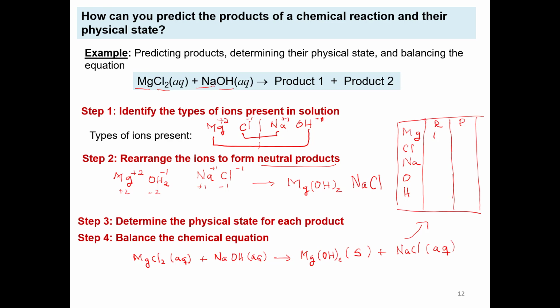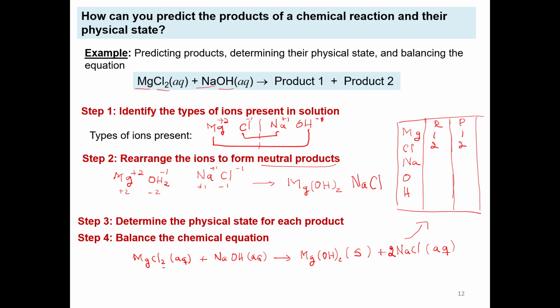The next is the chlorine. We had 2 here, but here just 1. The way we can fix this is we can write 2 here in front. This way we had 2 here, we had 2 here, because 2 times 1 is 2. And we will write 2 and 2 here.